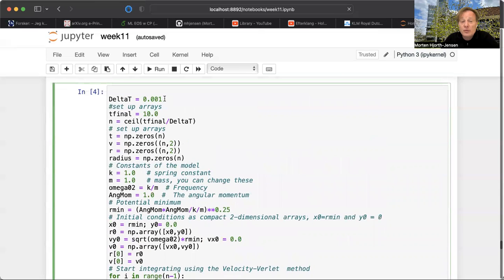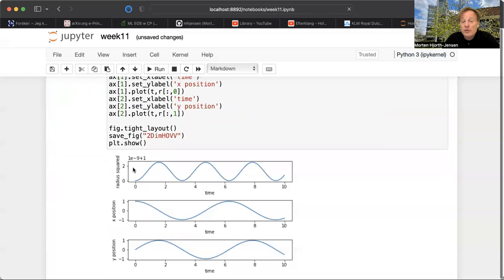If I were now to decrease the time step and still keep the same final time and rerun everything, you would then see an error which goes like 10 to the minus 9, which is something we would expect here. And if you now look at the X and the Y position, they are obviously oscillating between 1 and minus 1.